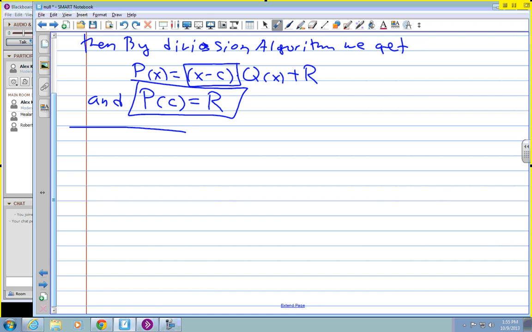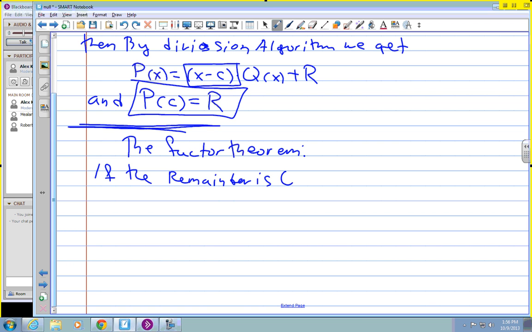So we can actually have a little corollary to that. Your book has a name for that. It calls it the factor theorem. So basically, if the remainder is 0, then x minus c is a factor of p of x.